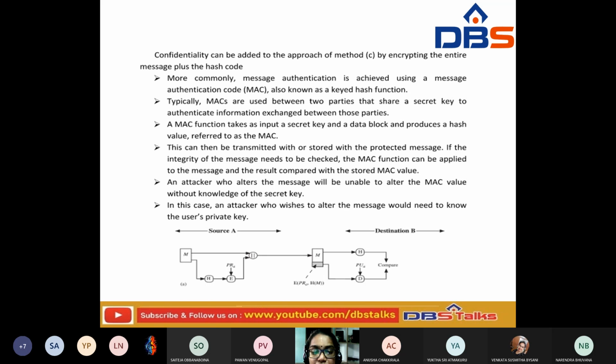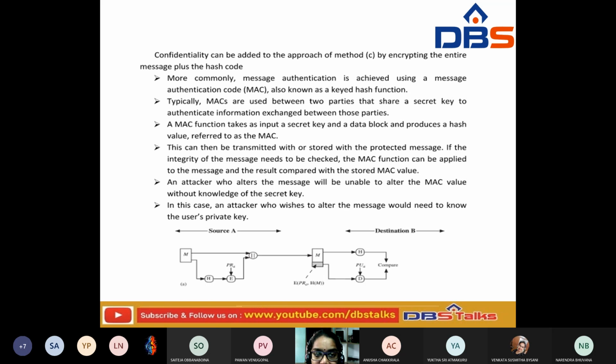We can say the message authentication code as MAC. It is also known as a keyed hash function. Whatever code we have generated by using the authentication, we can call a message authentication code, MAC.